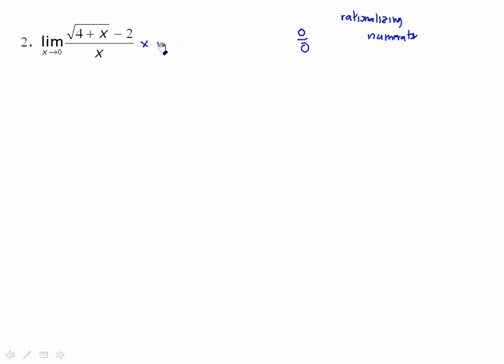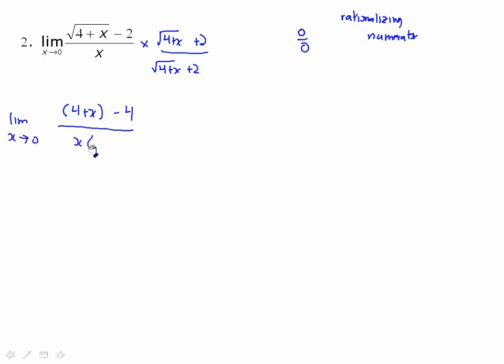So we multiply by the conjugate, the root of 4 plus x plus 2 over the root of 4 plus x plus 2. And a minus b times a plus b is equal to a squared, which is 4 plus x. I'm putting a bracket up even though I don't need it, minus b squared, which is 2 squared, 4. All then, this is the limit, by the way, as x approaches 0.